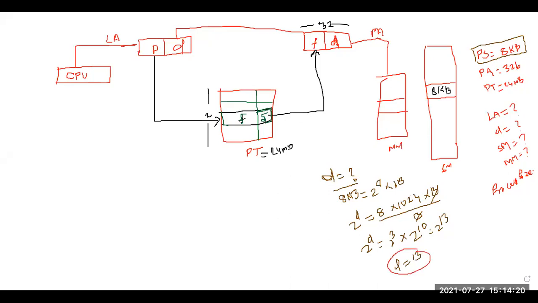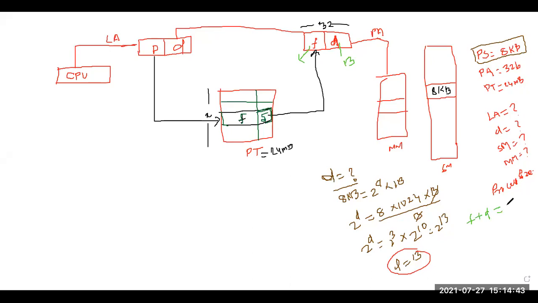Now tell me, if I am using value of D equal to 13, then what is the value of F? It will be 32 minus 13 because we know that F plus D is equal to 32.